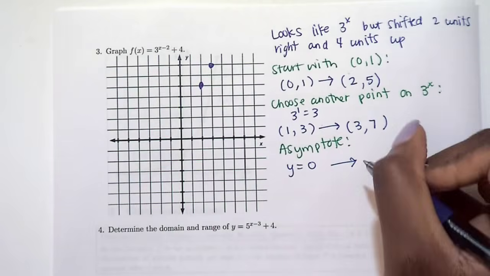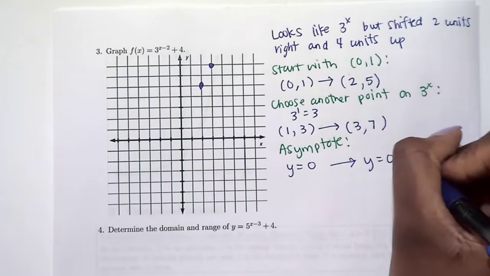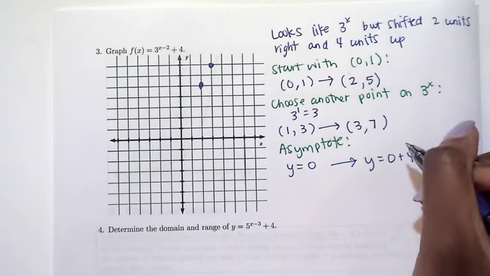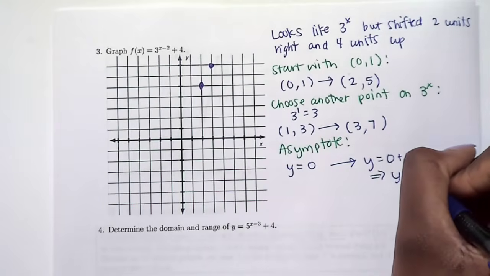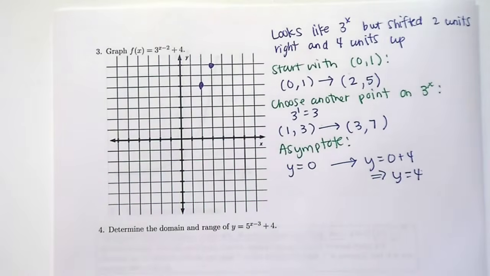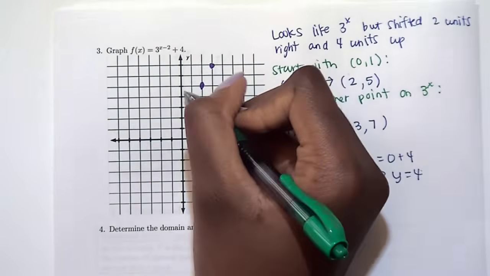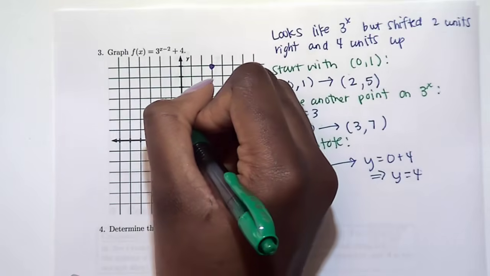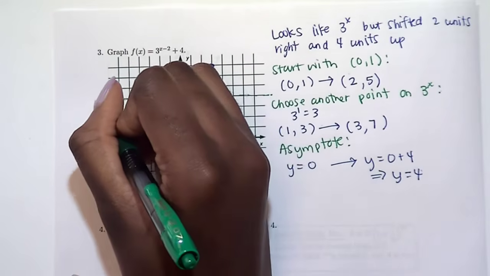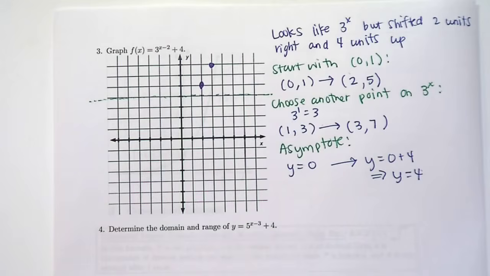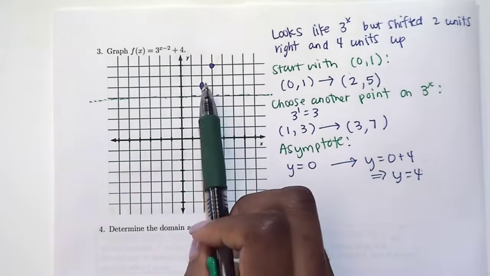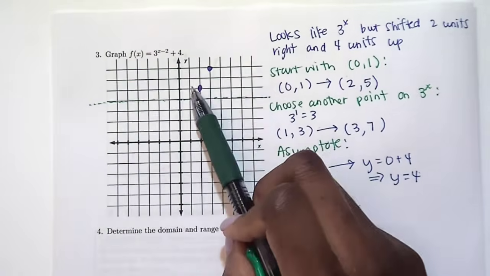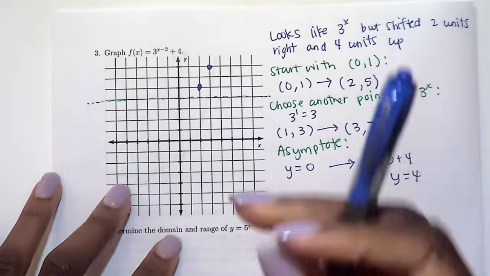But on our function, remember we're adding 4 to everything. Our asymptote is going to be at y equals 4. So 1, 2, 3, 4. That means our graph will not cross this line. It's going to get closer and closer to our line up here, and it's going to go up that way.